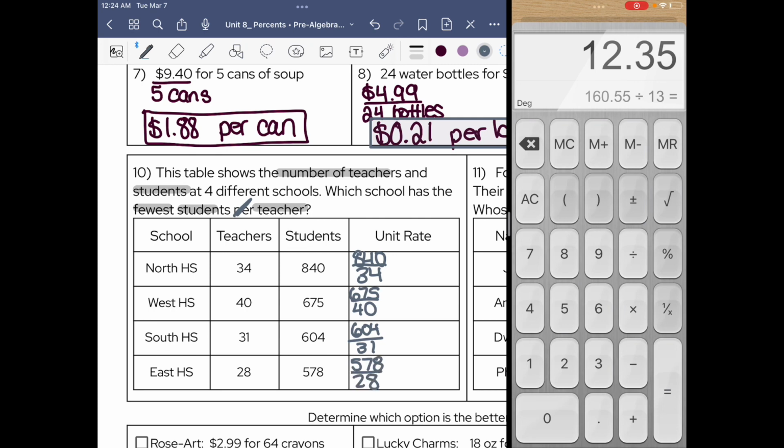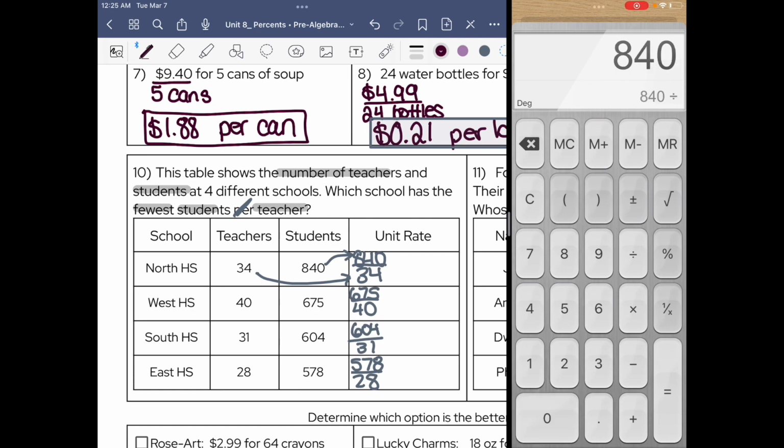I'm just putting students on top and teachers on bottom. So you have to listen to the directions in a problem to make sure you're setting it up the correct direction. Also, if I divided these upside down, it would give me really small decimals that would be kind of hard to work with. Now we just have to divide them.